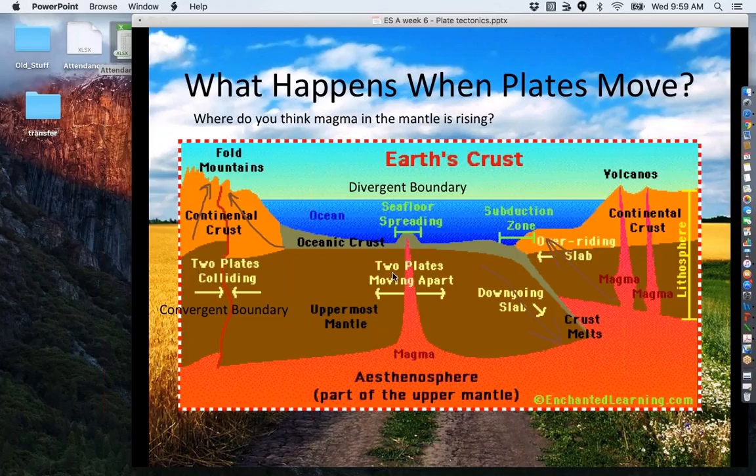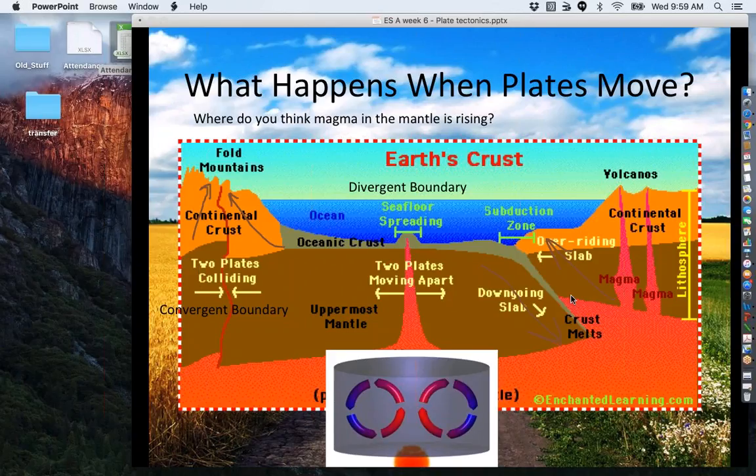And that's what happens over there in this other convergent boundary, and this side is also a convergent boundary. So you can see how this could all be created by this convection cell underneath in the mantle, or the asthenosphere, which is the part of the mantle where this takes place.